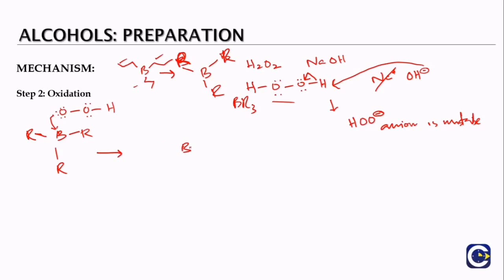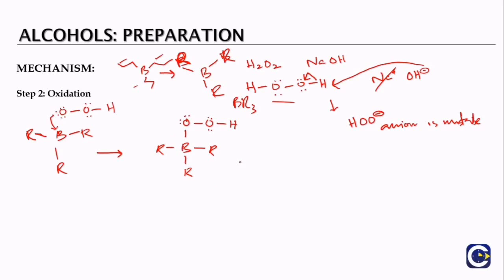The product of this step will be like this, and in this step the boron will be attached to O, and this is the anion. This anion will be attached to this boron in this pattern. We will just show the lone pairs also. It is good to represent lone pairs of oxygen.